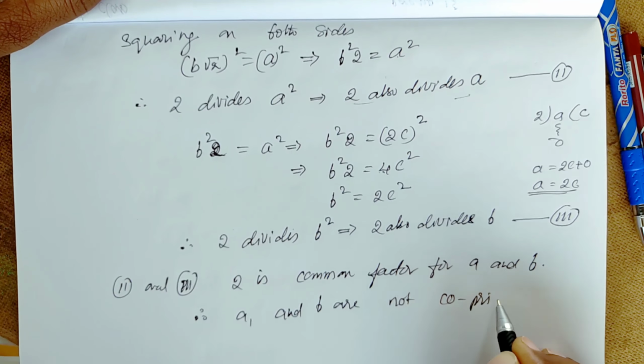So thus, this contradiction has arisen because of our assumption. What is our assumption? Root 2 is a rational number.